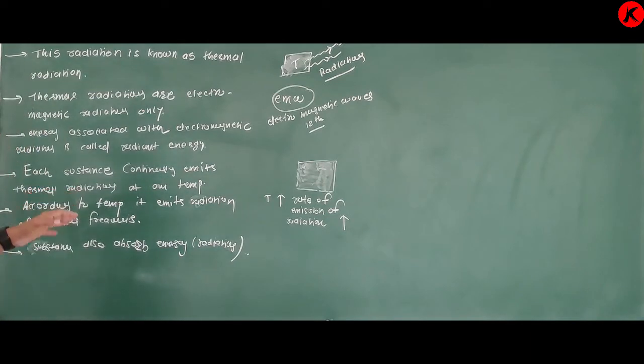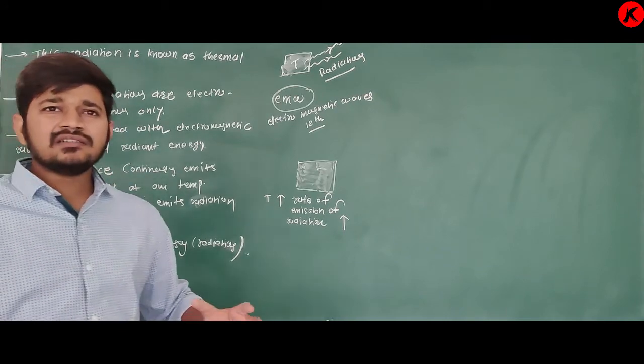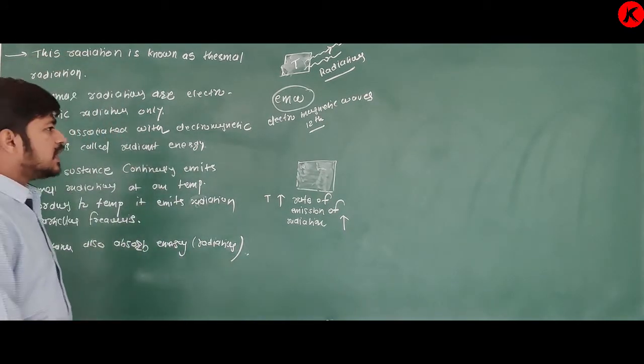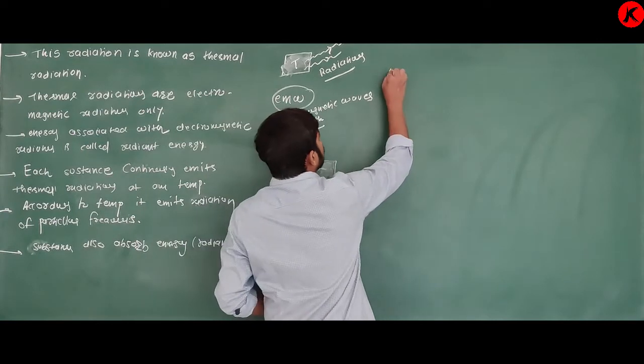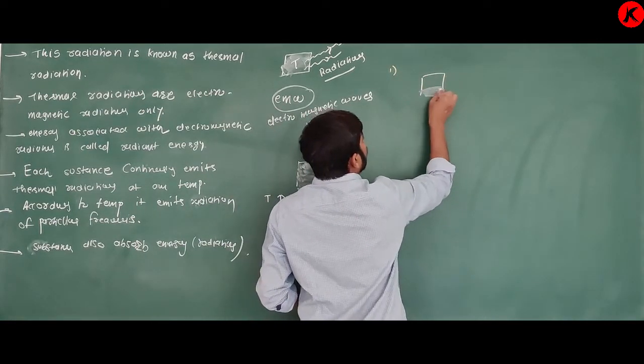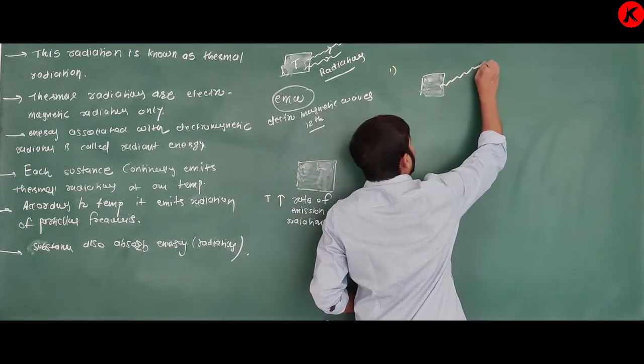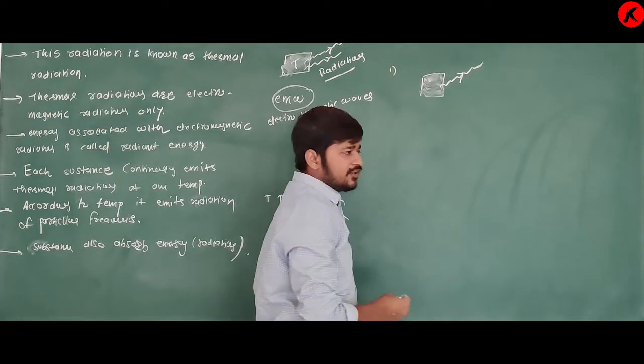Okay, if this object absorbs some energy and is emitting some energy, then what happens? See, we are taking some cases. Case 1. If you are given one body, rate of emission means it emits some radiation at some rate.